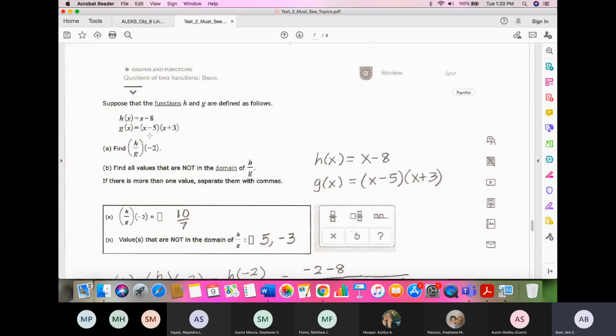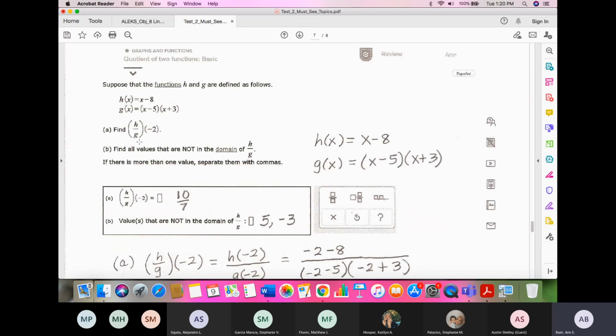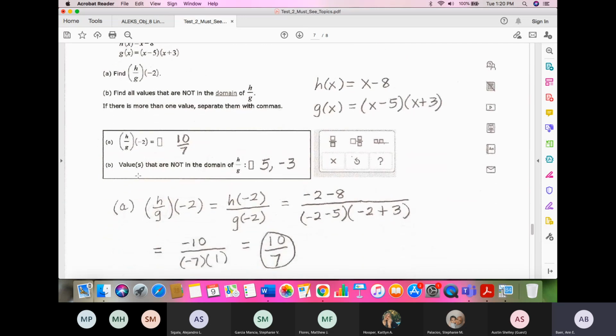G of x equals x minus 5 times x plus 3. Part A, find h divided by g at the number -2. Let's do that one first.